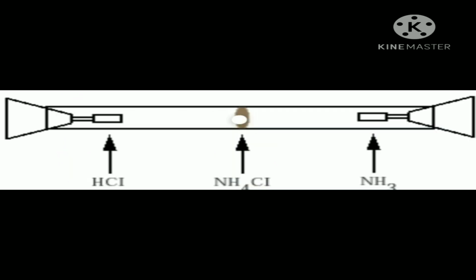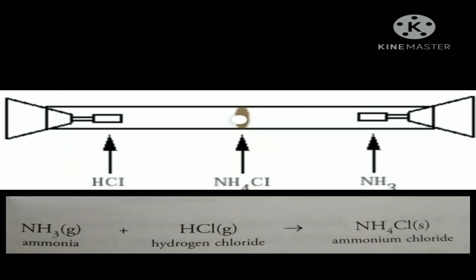The example to show the change of physical state is when ammonia gas reacts with hydrogen chloride gas. So remember, ammonia is also a gas, hydrogen chloride is also a gas. They produce a white solid known as ammonium chloride. See, two gases are reacting to give you a solid. So there is change of physical state.